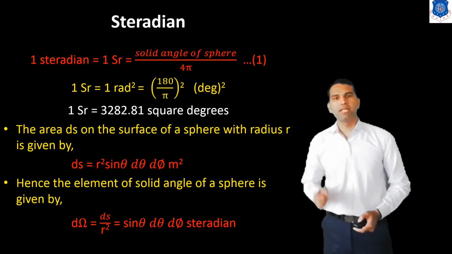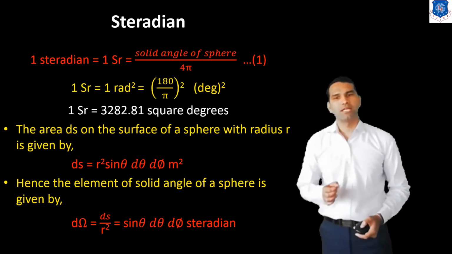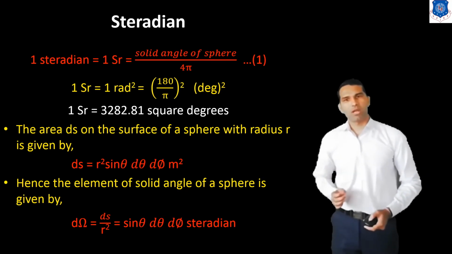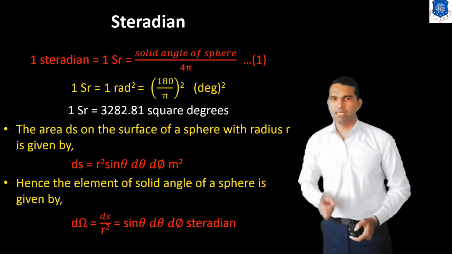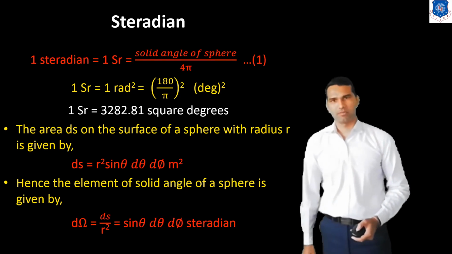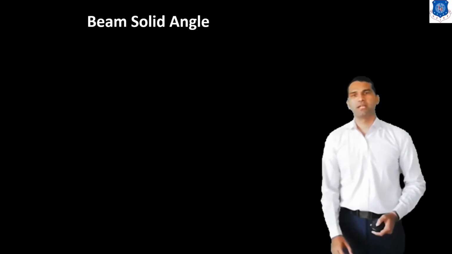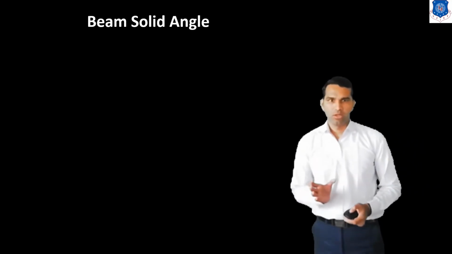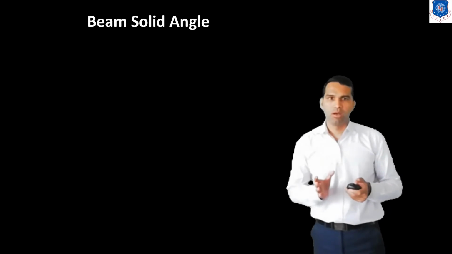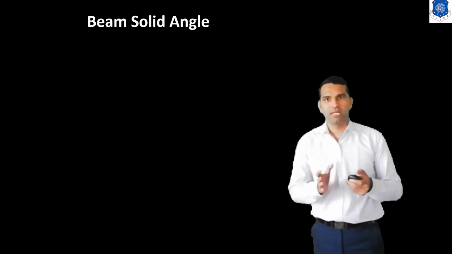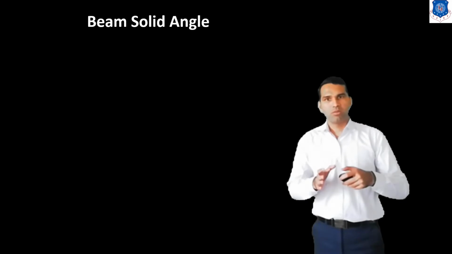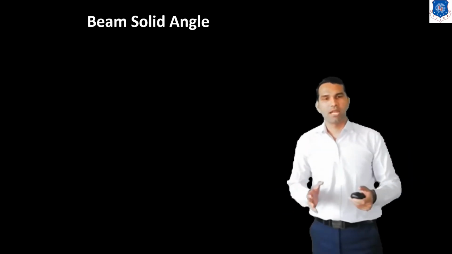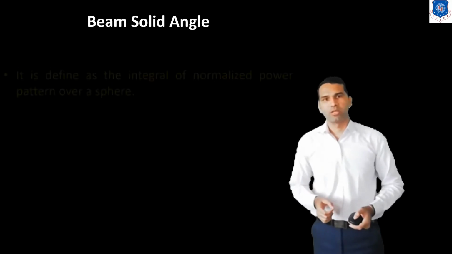We know ds equals r square sine theta d theta d phi, so ds upon r square is nothing but sine theta d theta d phi steradian. This is the steradian. Now we understand the beam solid angle. This is the most important for understanding the radiation pattern, because first we understand the beam solid angle, then we understand the radiation pattern clearly.